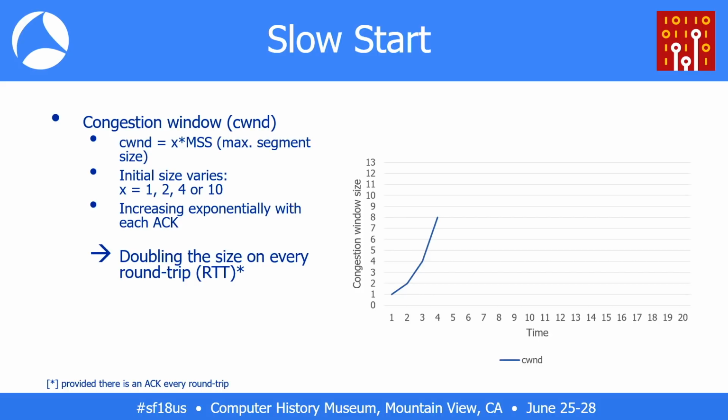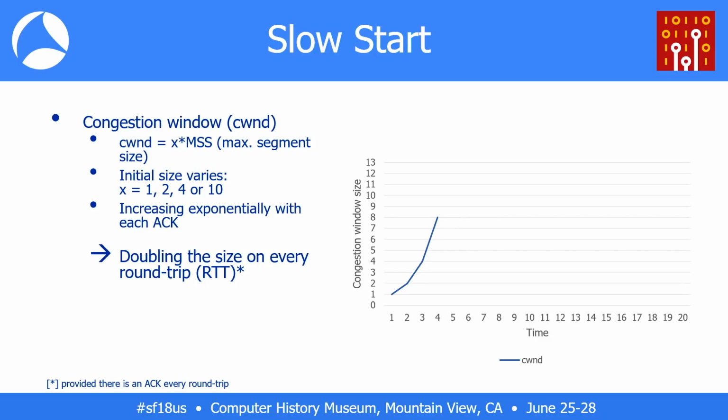So let's assume our data transfer starts. The first thing that we have is an initial congestion window size. And this initial window size depends on the operating system. Some of them have 2 times the maximum segment size, some of them have 4 times, 6, or even 10 times nowadays. So just for this example, let's assume we start with 1 times the maximum segment size, so 1 full packet.